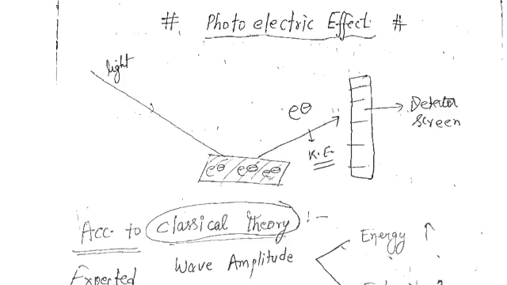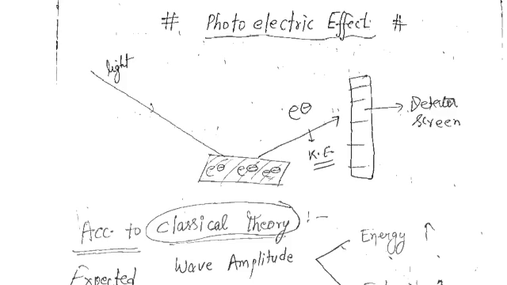Light has some energy, so it will transfer some amount of energy to the metal, and the metal will emit the electron. This could be the principle. The electron will eject. After ejecting out of the metal, it would have some kinetic energy, which will be recorded or reported on the detector's screen, which has been put on the right side.